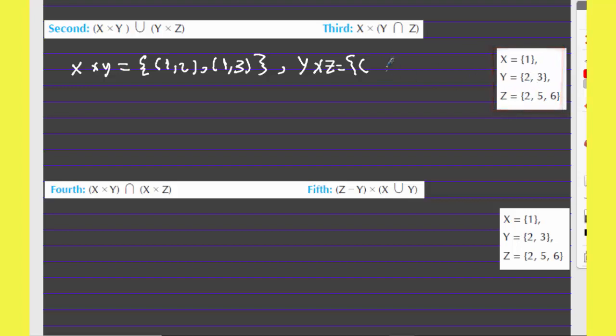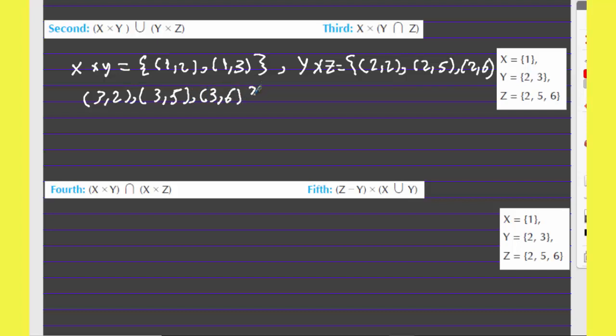So we write (2, 2), (2, 5), (2, 6). Then we complete, starting with 3: (3, 2), (3, 5), (3, 6).